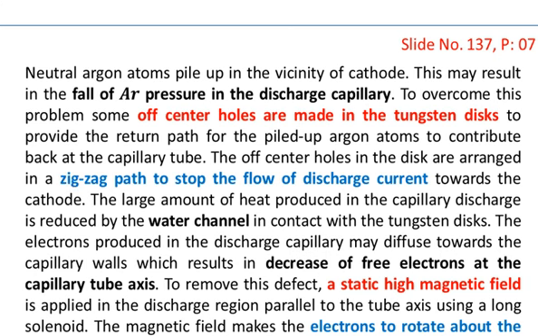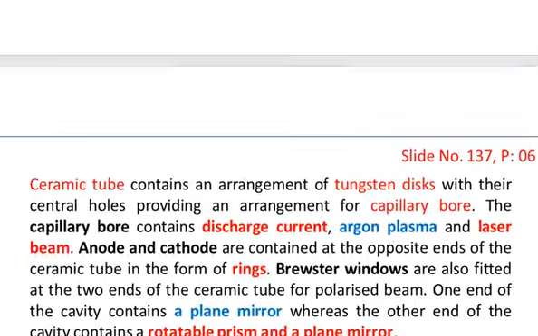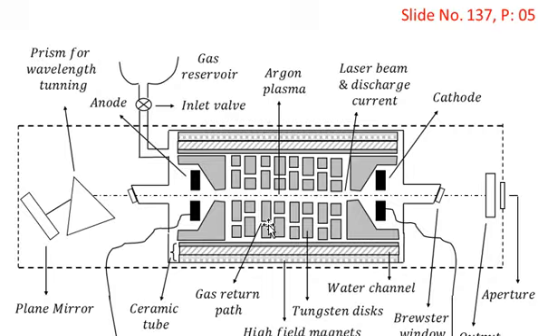So you can see these holes, these gaps in the tungsten discs, and these provide a mechanism for the argon atoms to reach the capillary tubes again and contribute in the lasing process. That is, argon atoms are converted back to argon ions in the region of this plasma. So we want the argon atoms which have piled up at the cathode to reach through these gaps to the capillary bore.